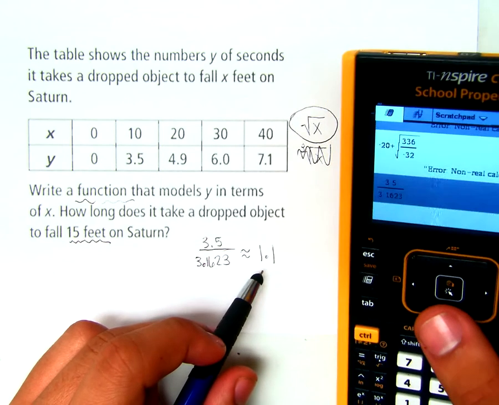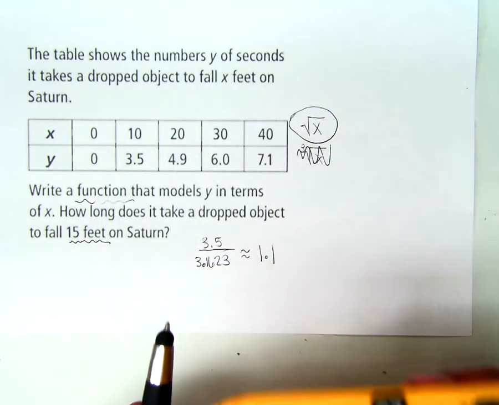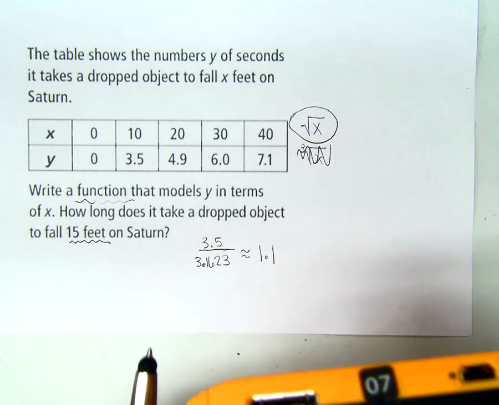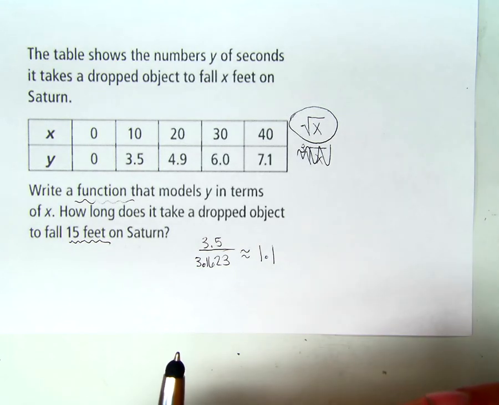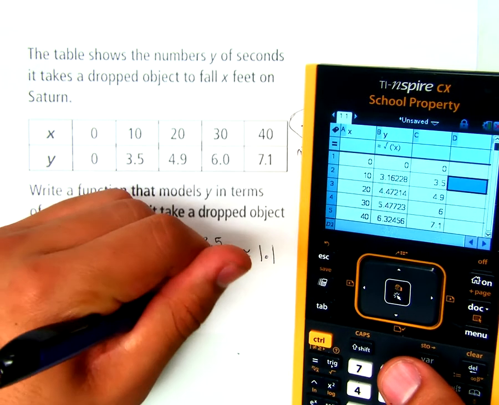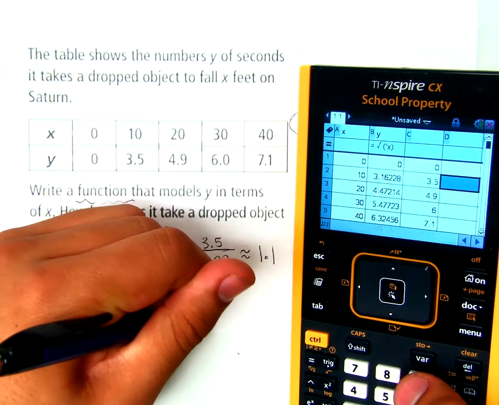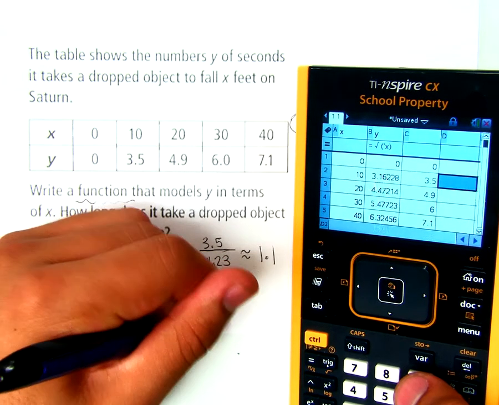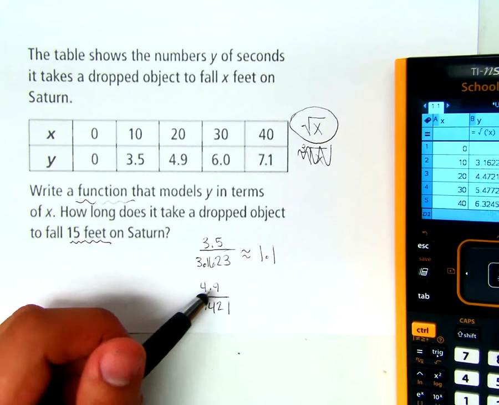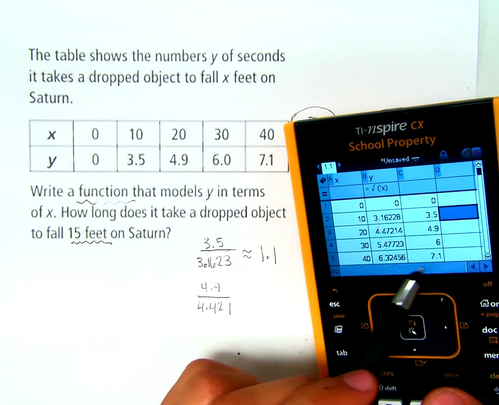Now, going back to your table, you want to do the same thing for these values. So do 4.9 divided by 4.4721, and continue to do those for every pair that we're comparing.